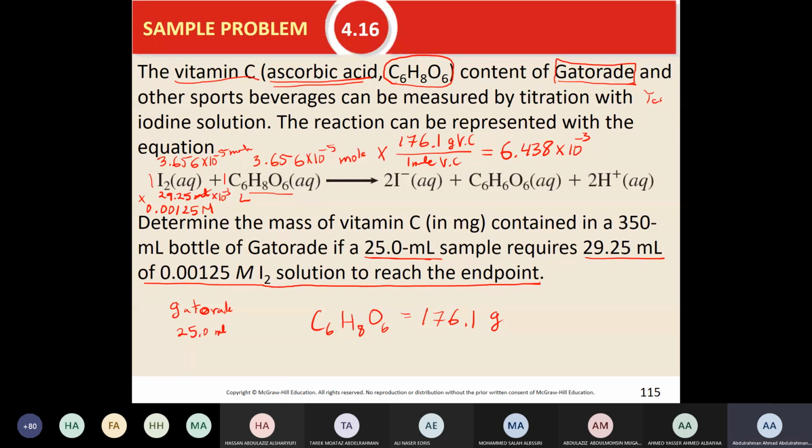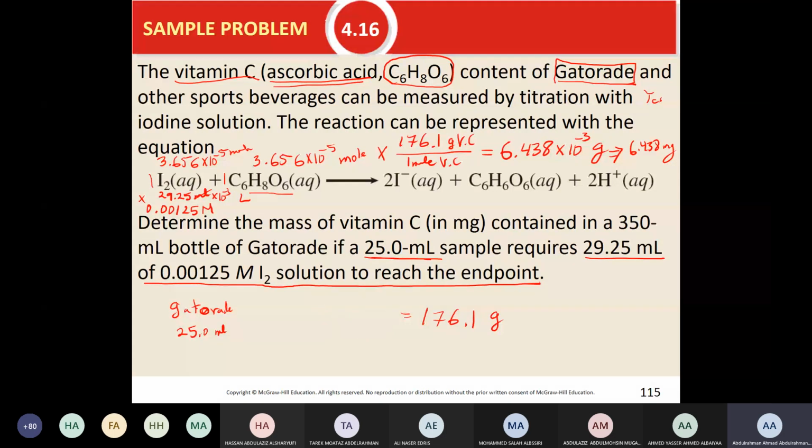What is this, gram or what? Grams. 6.438 what? Milligram. Exactly.